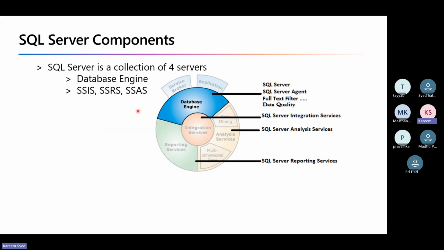We know that SSMS sends the query to the database engine, the database engine executes that query, and we get the result back. That is the database engine, which is our main server, where as a DBA we have to work. So that's why while installation, remember, compulsory we have to select this option, database engine.